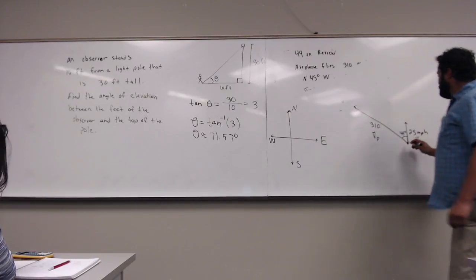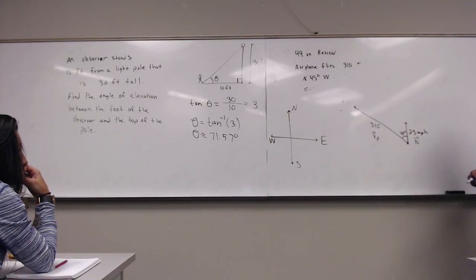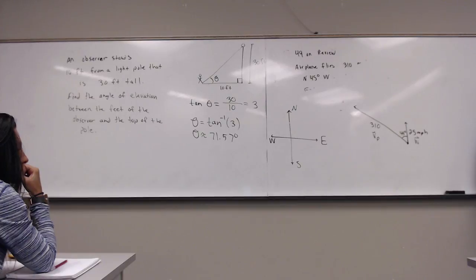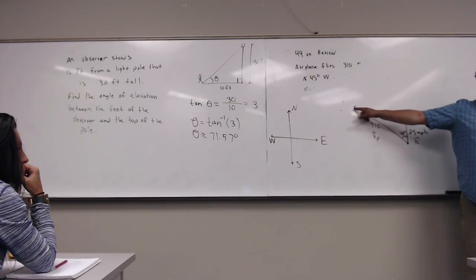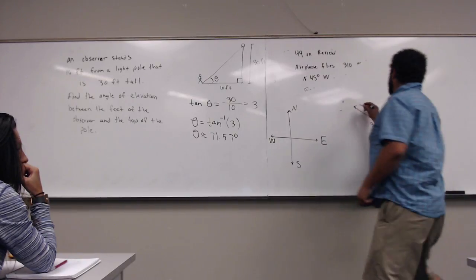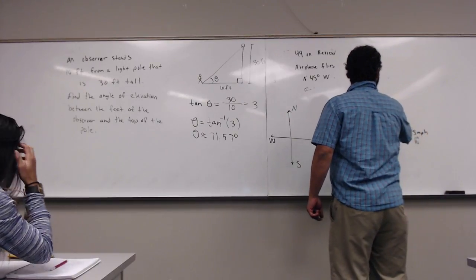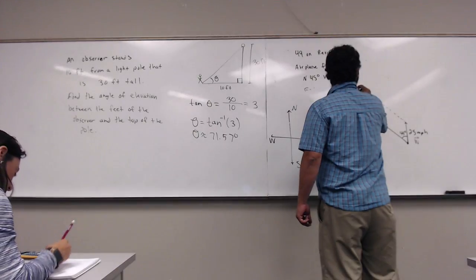And then if two vectors are joined at their tails, what geometric rule can I use to add those vectors? There's either the triangle rule or the parallelogram rule. The triangle rule is when you join the tail of one vector to the head of the other. If both vectors are joined at the tail, you're going to draw a copy of W over here, and a copy of the other vector right there.